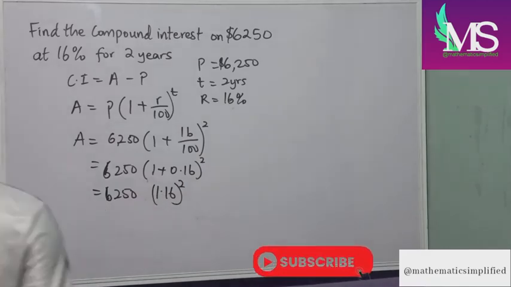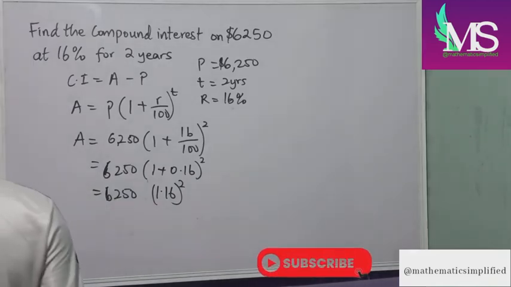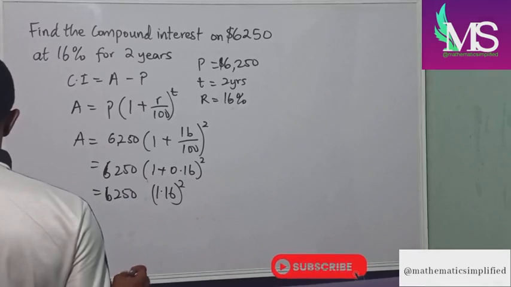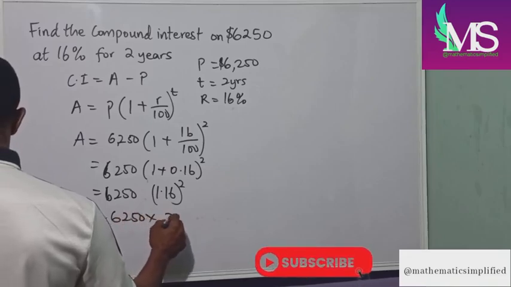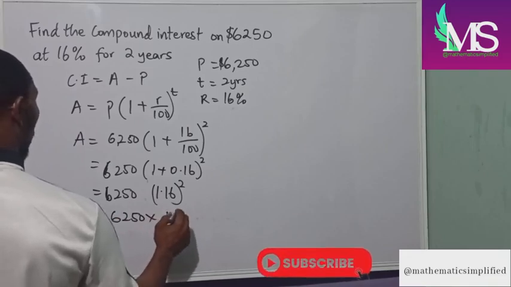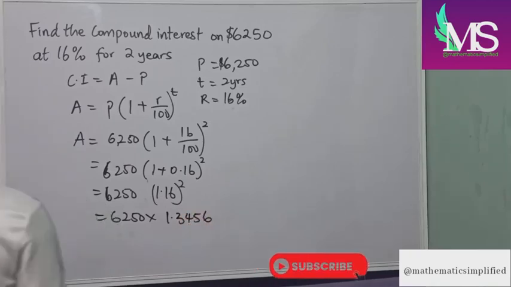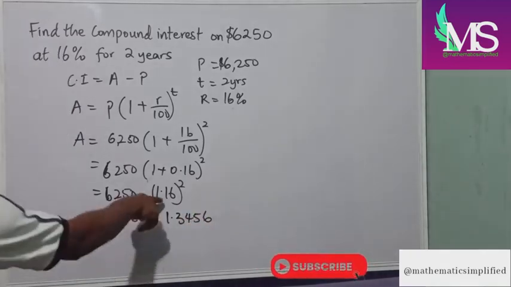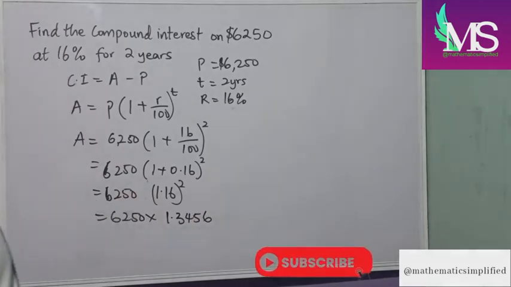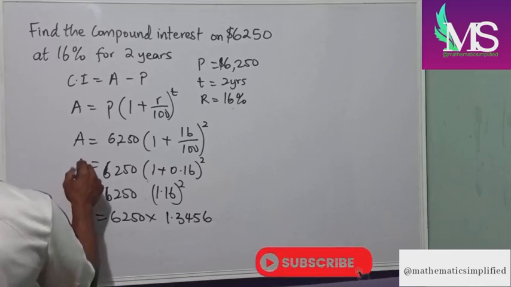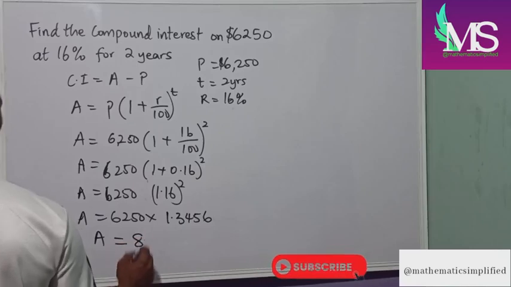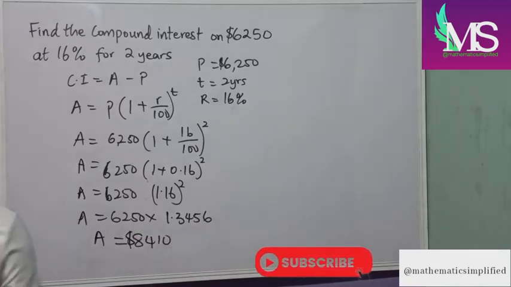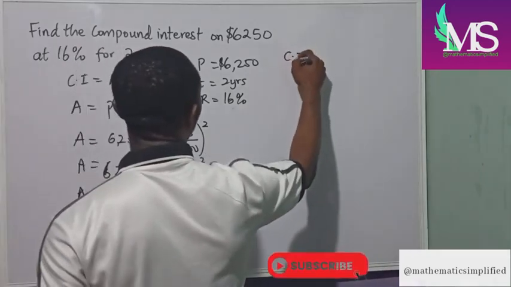If we square 1.16, it will give us 1.3456. So 6,250 times 1.3456, multiplying this, we have our amount as $8,410.